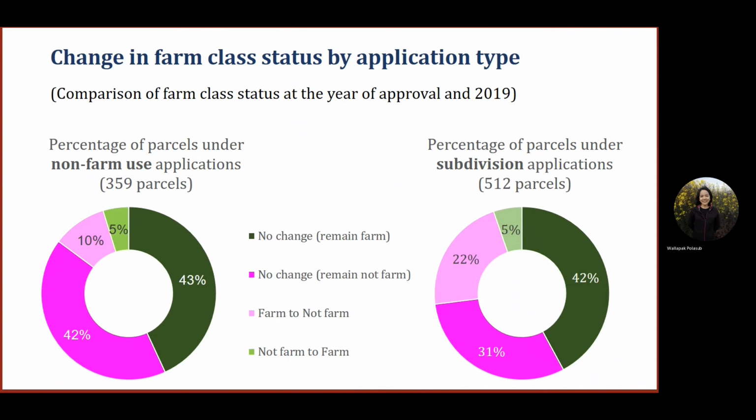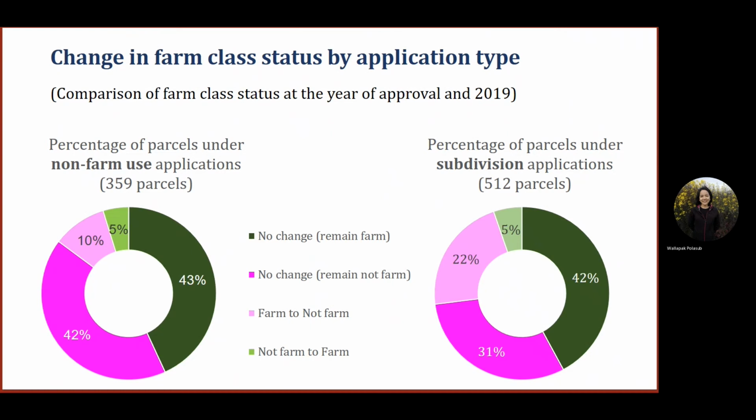Here we divide the lands again into two categories. On the left is the land under non-farm use applications, and on the right are the lands under the subdivision applications. Again, the change in farm class status is divided into four categories. As mentioned previously, the dark green is no change, remain farmed. The dark pink is no change, remain not farmed.